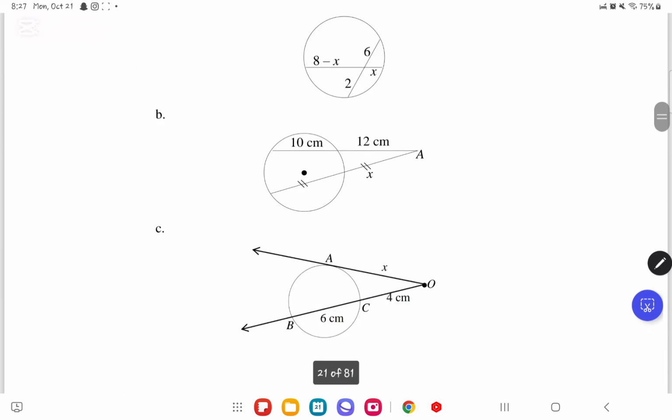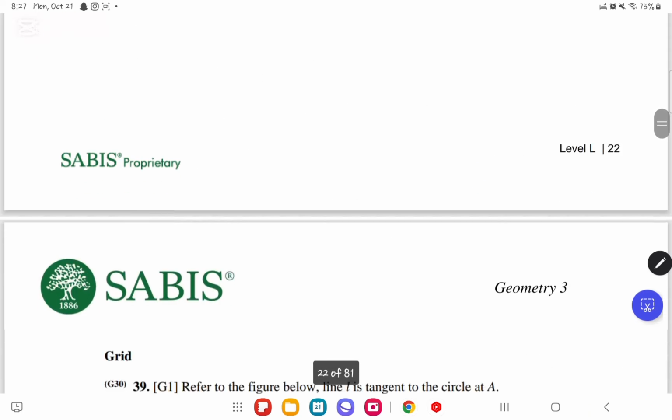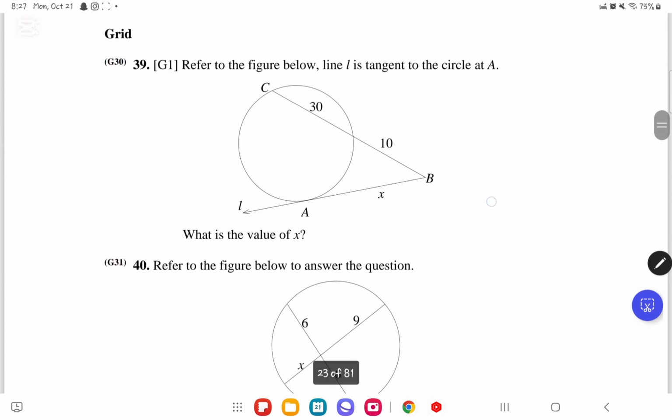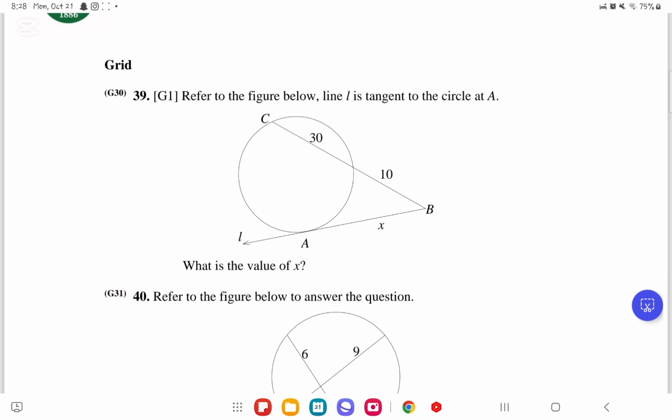Now we have section 4. And then here we have grid 39. This is basically one of the easiest ones. We have a tangent and a secant. Whenever we have a tangent and a secant, the rule is tangent squared is equal to exterior times all.